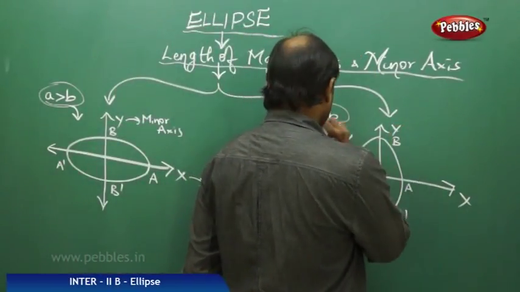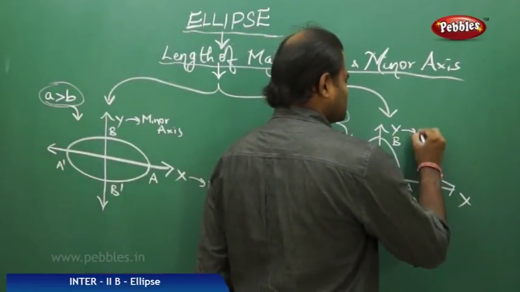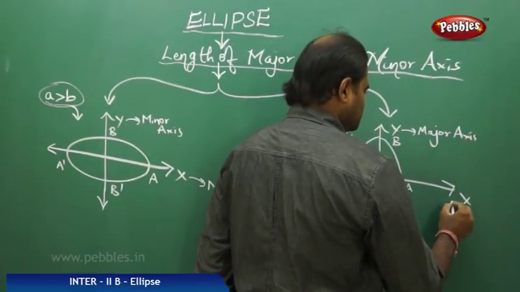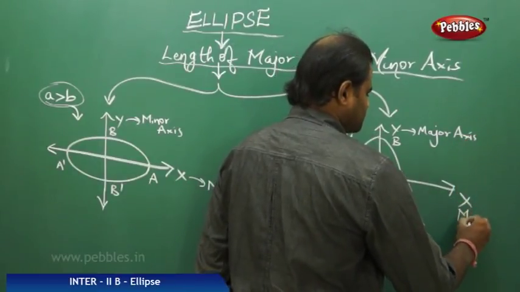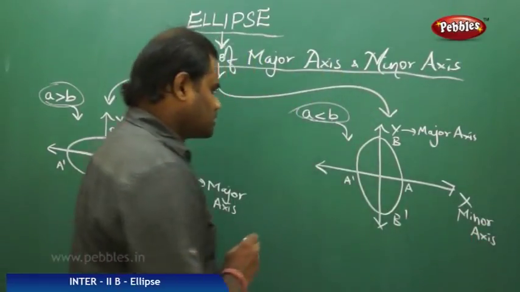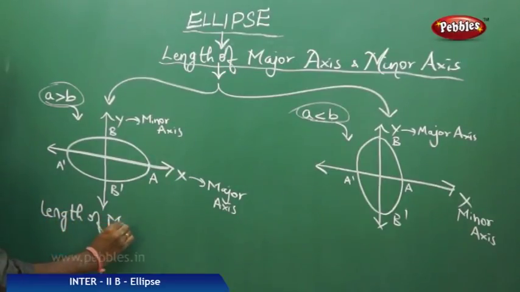Therefore, in case of a less than b, the y-axis acts as the major axis and this acts as the minor axis.